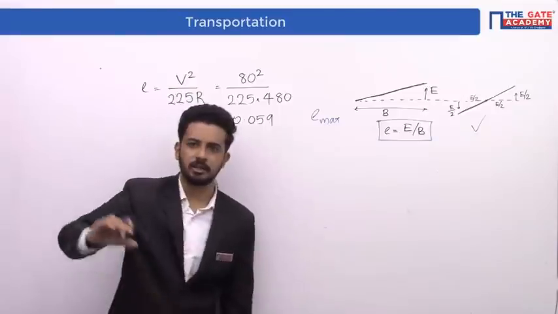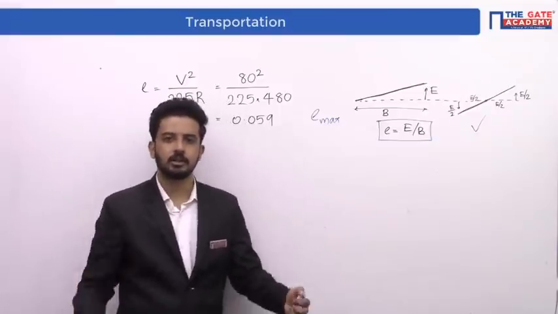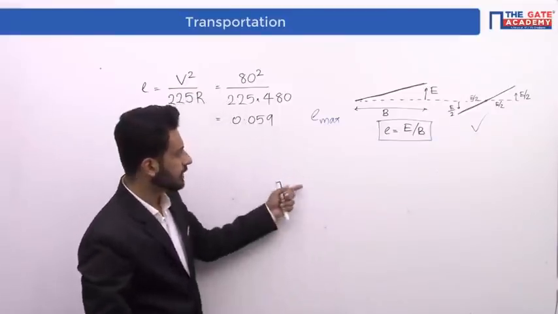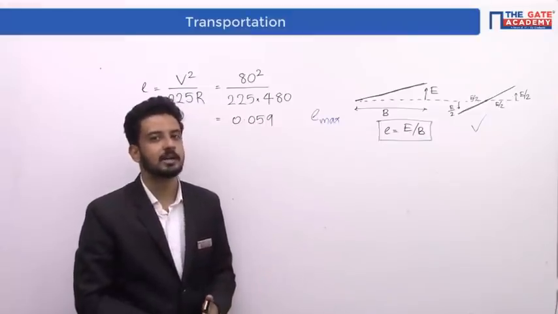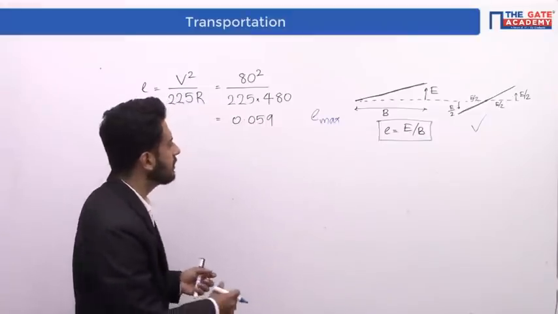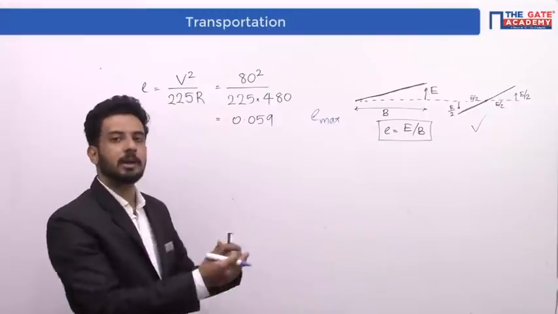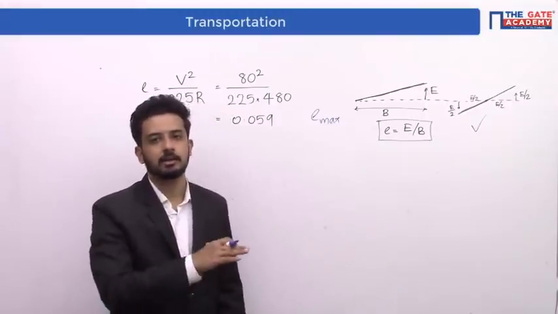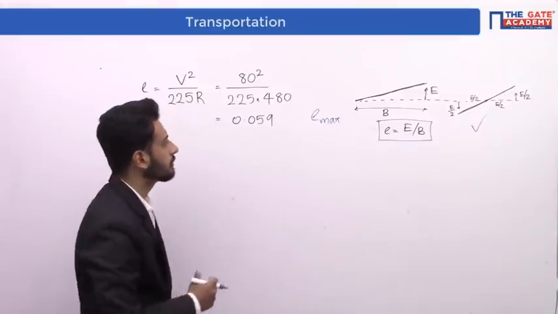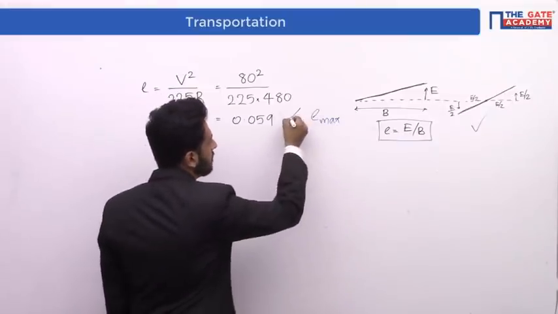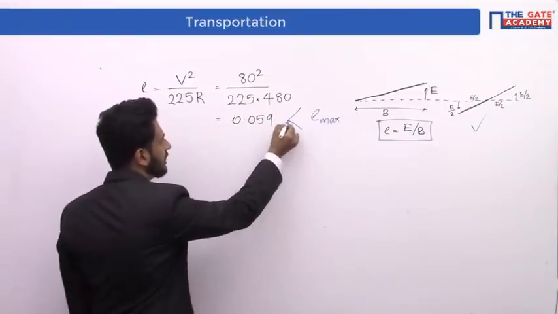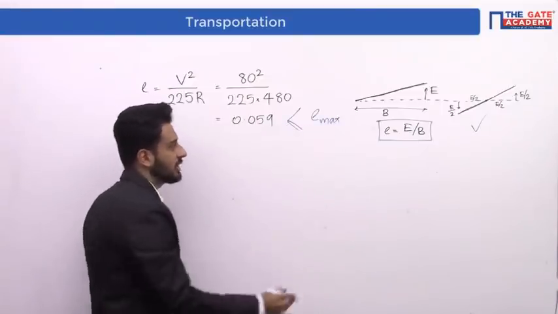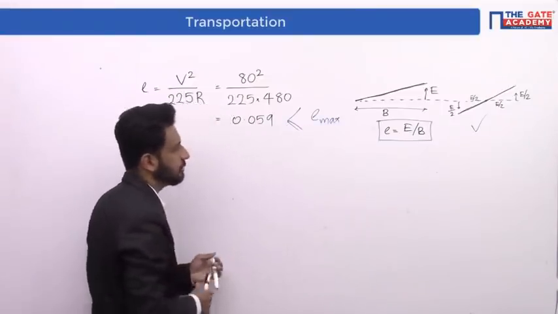We shouldn't increase the inclination as we wish. There is a maximum limit as per IRC. If it goes beyond the maximum limit, we have to limit it to that value. E should always be less than or equal to Emax.